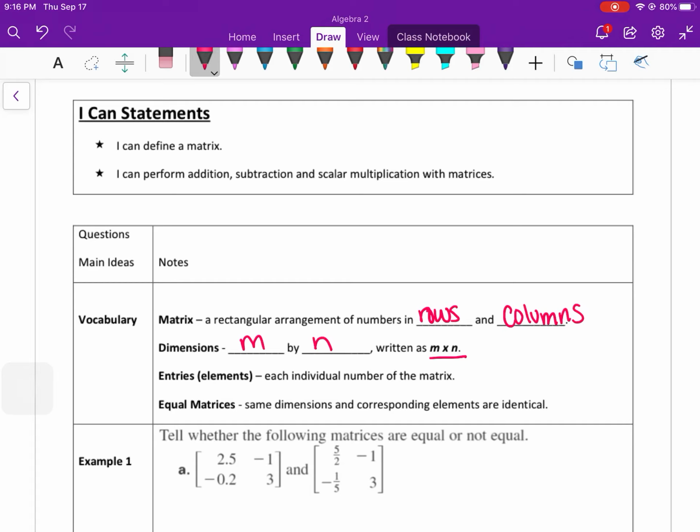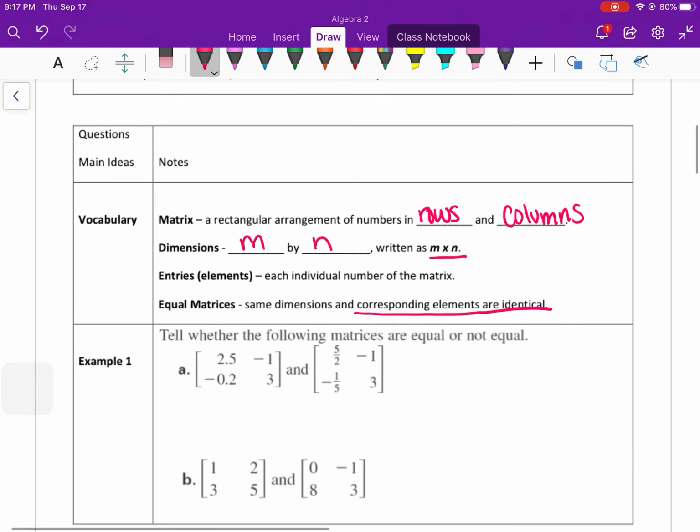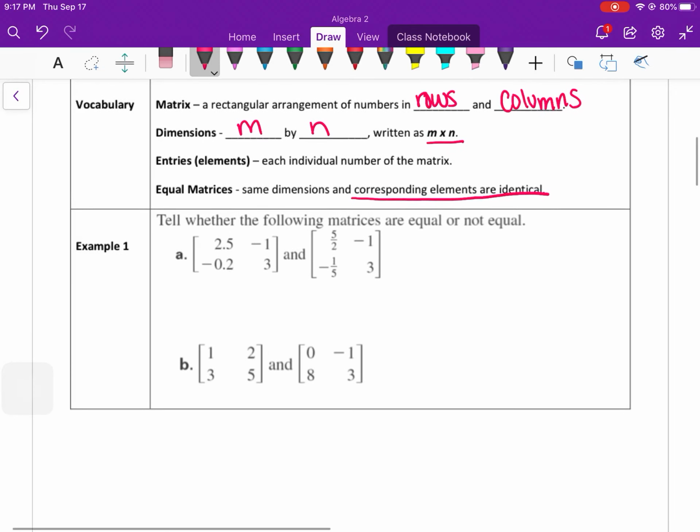And we say that matrices are equal if they have the same dimensions and the corresponding elements are identical. So they have the same numbers in the same places. So for example, in A here are equal matrices, because 2.5 is in the first row, first column, and that is equal to 5/2 in the first row, first column.